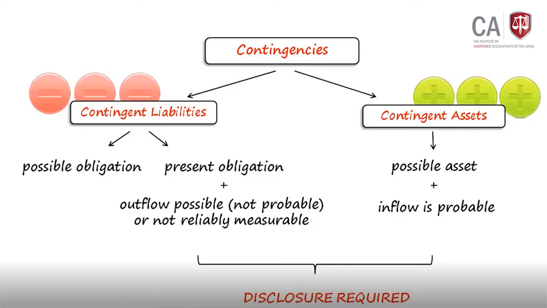Then it requires only the disclosures. You can't ignore it completely, you have to do what? Disclosures. Why? It is not probable and the amount cannot be measured reliably. If the amount cannot be measured reliably and if it is not a probable cash outflow, you can't make a provision even though you have a present obligation.